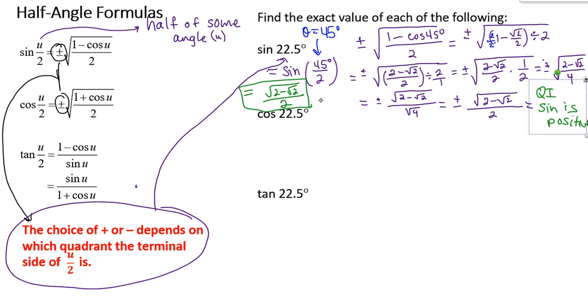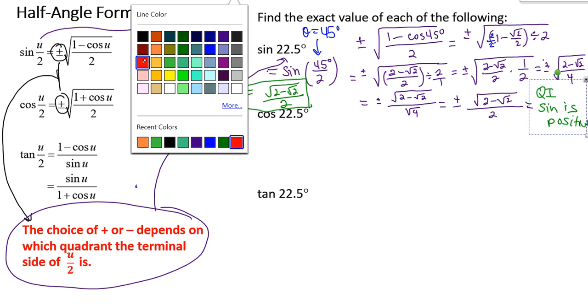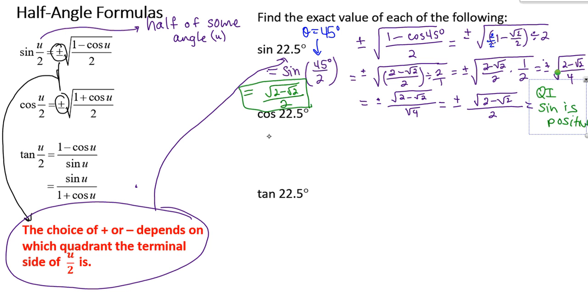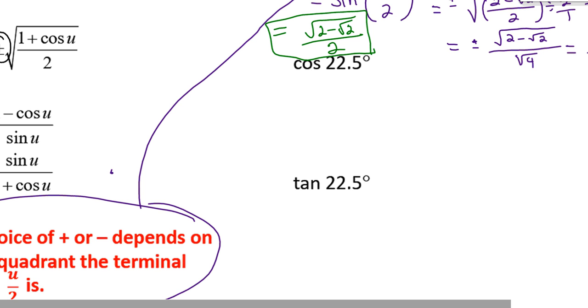Okay, let's try cosine of 22.5. Very, very similar to the last one. It's going to be plus or minus square root. I zoomed in so that I could have more room to write. Okay, so cosine of a half angle, cosine of u over 2.